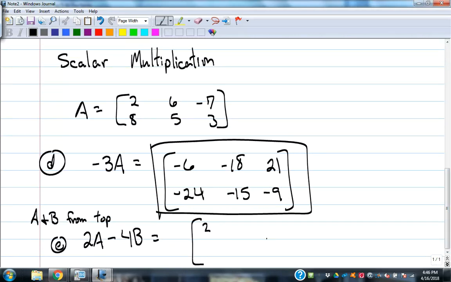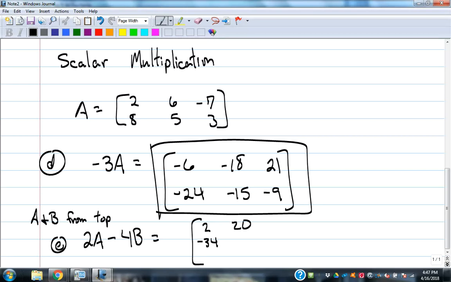And then I'd say 2 times 6 is 12, minus 4 times negative 2 is negative 8. Oops, sorry. That comes back. So 12 minus negative 8 be 12 plus 8, which is 20, right? And then 2 times 5 is 10, minus 4 times 11 is 44. Be negative 34. 2 times negative 7 is negative 14. Minus 4 times 8 is 32.